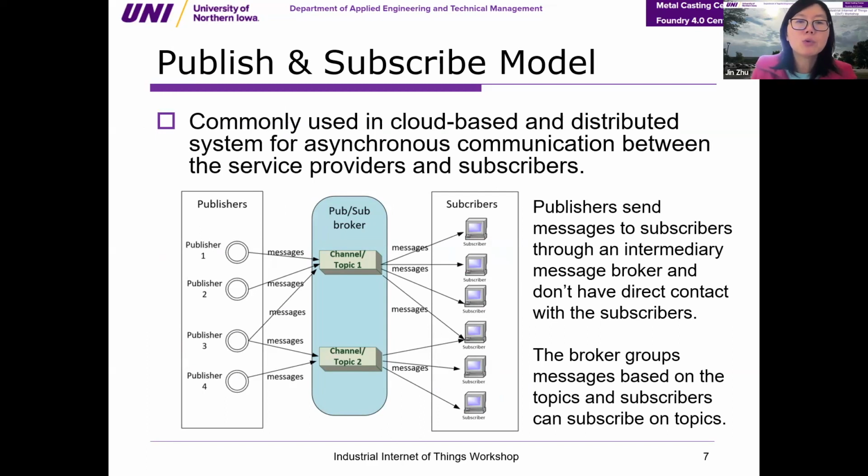So they are going to group the messages based on the topics, and then the subscriber can subscribe based on those specific topics. We'll also have a look at those topics more later on. So the idea is, we will have 2 publishers in this example.